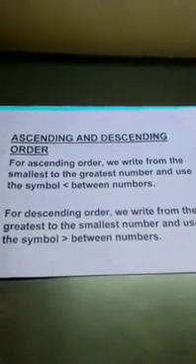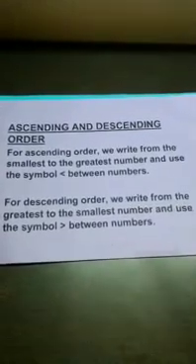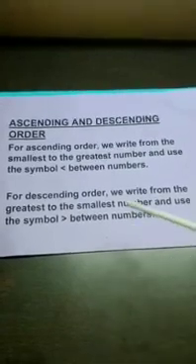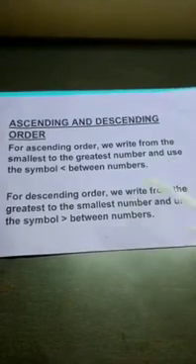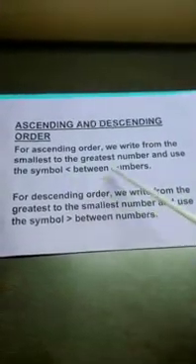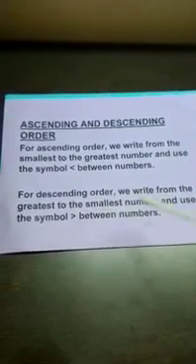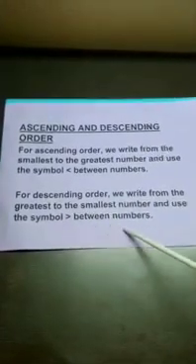Now you are aware of the rules of comparing numbers. So let us do ascending and descending order. Ascending order means from the smallest number to the greatest number. We move from the smallest number to the greatest number and we use this symbol between numbers. And for descending order, we write from the greatest to the smallest number using this symbol between the numbers.